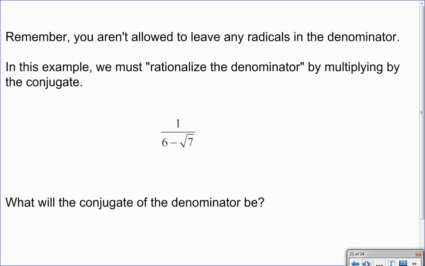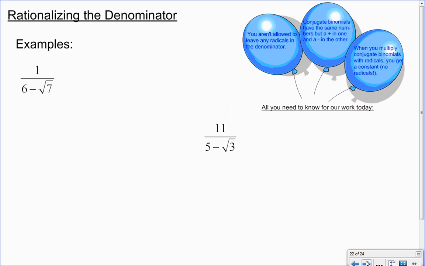If we want to rationalize this denominator, we would simply multiply the denominator by the conjugate. So the conjugate of 6 minus the square root of 7 is going to be 6 plus the square root of 7. We'll multiply both the numerator and the denominator by that. We'll look at that example and a few more.